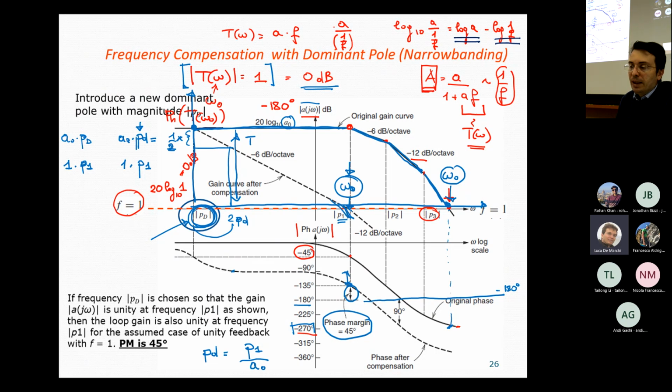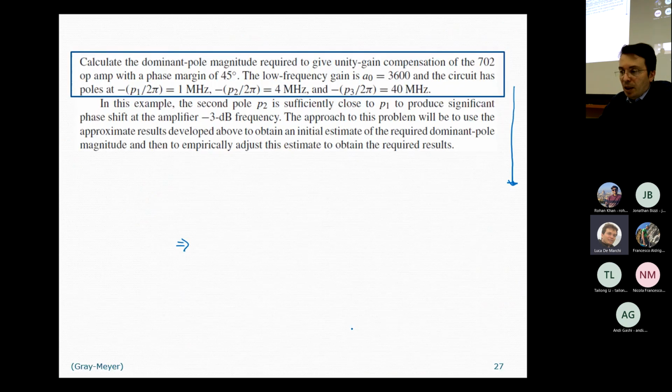So the actual value of omega null is slightly shifted toward lower frequencies with respect to our initial estimation, and this generates also a slightly different phase margin.